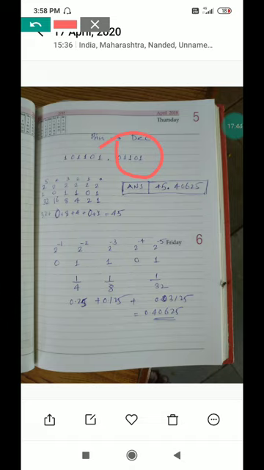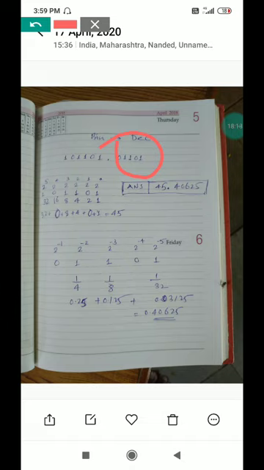The binary number for conversion, the fractional part, is 0, 1, 1, 0, 1. So 2 to the power minus 1 is not considered because there is 0. 2 to the power minus 2 is there, so you will consider it, it is 1 by 4, so it is 0.25.